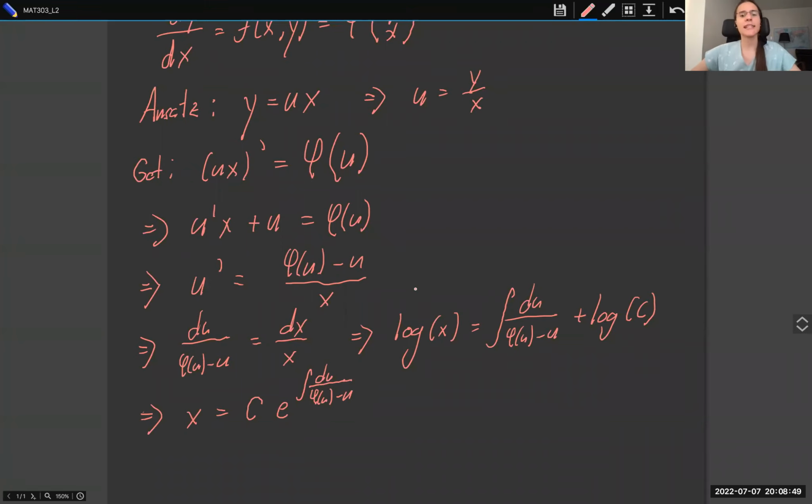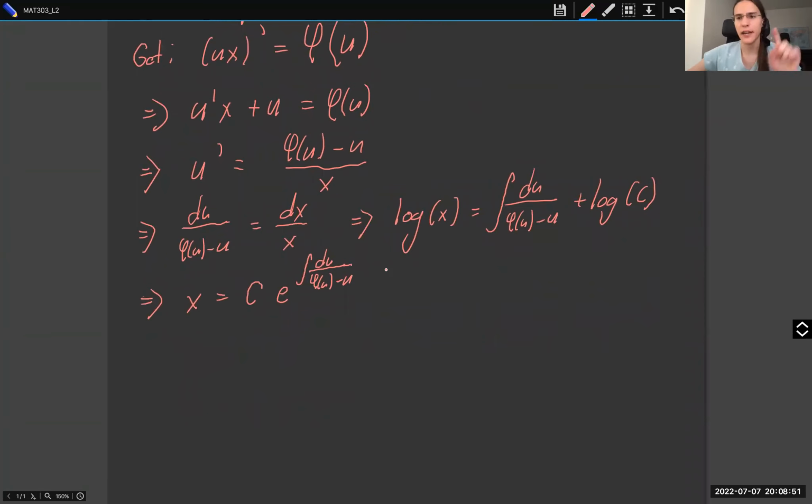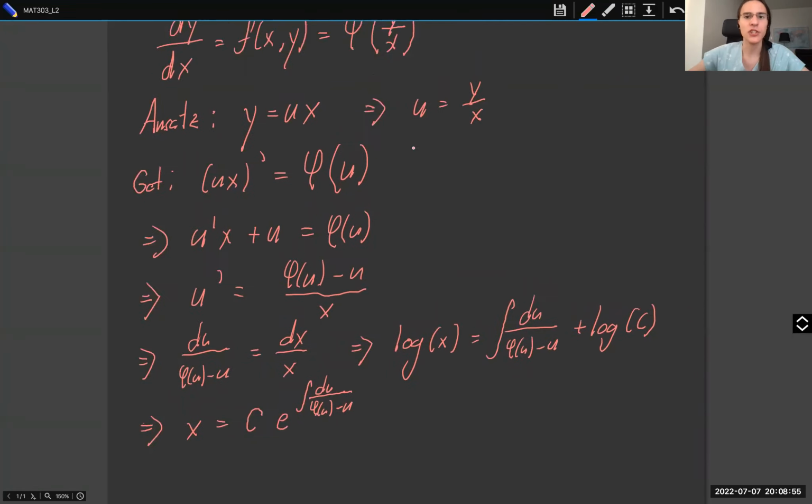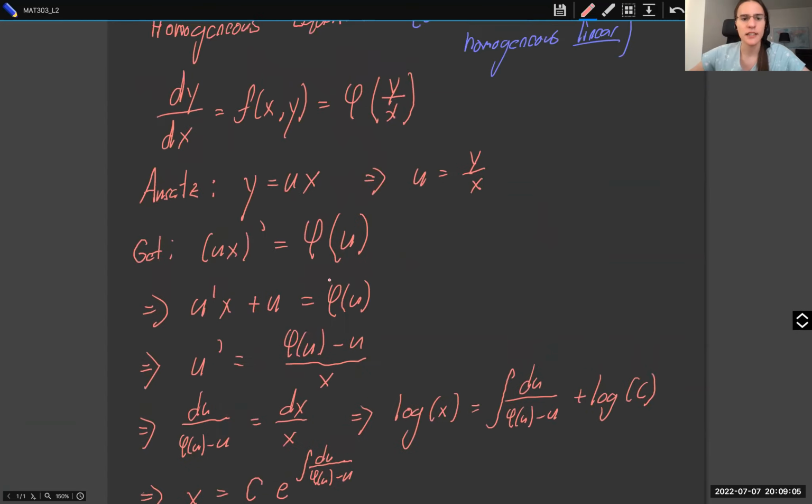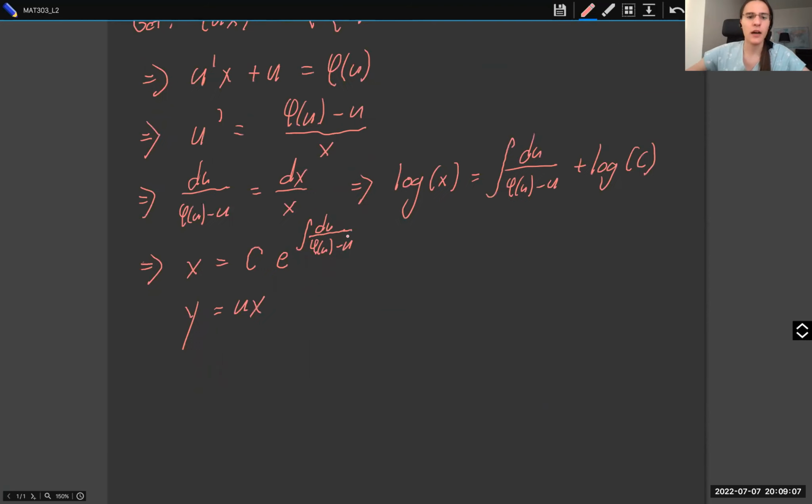And now the answer is actually going to be of an interesting form. We have x is this, and we have that y is equal to ux. Now, what we could do is substitute, but what we're going to say is that this is a parametric form of the solution.